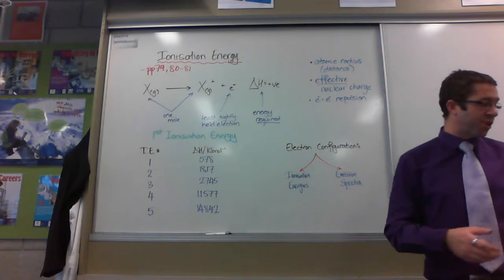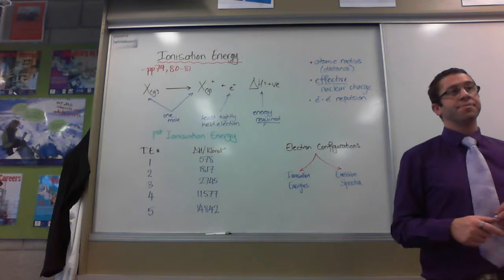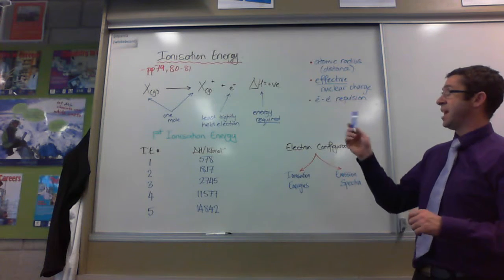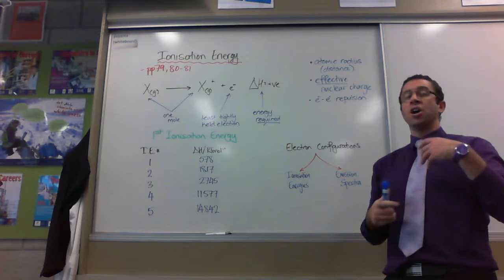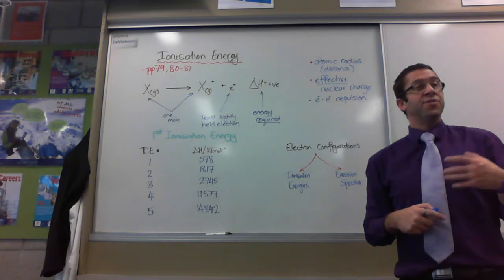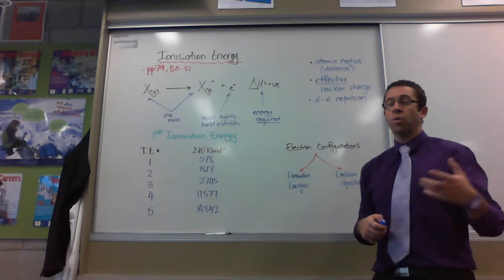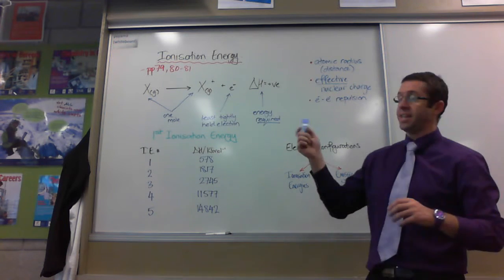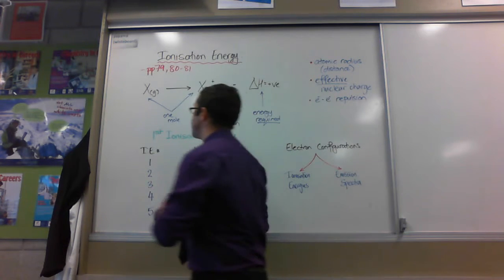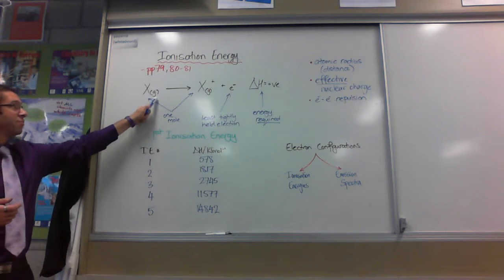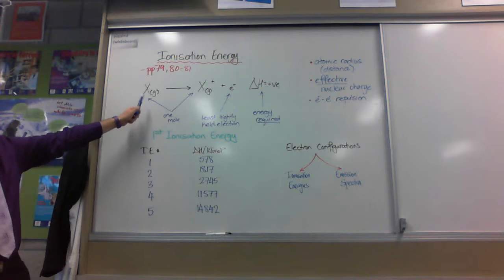Now, you are also expected to remember a definition for this. Could I suggest your definition is that thing in black there, where X is the element. So if they say, what is the first ionisation energy of sodium, or chlorine, or sulfur, or anything like that, you just replace X with the element that you are asked about. You'll notice that we have a subscript g, which I haven't actually mentioned in my note there, sorry.